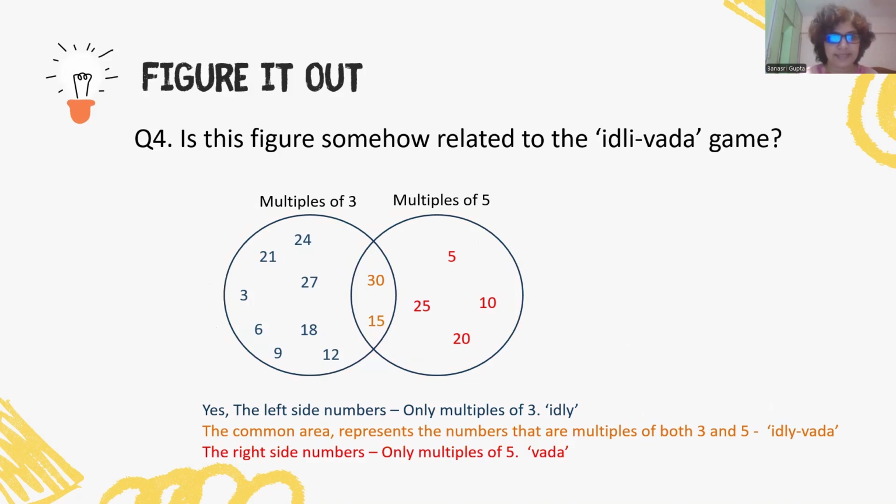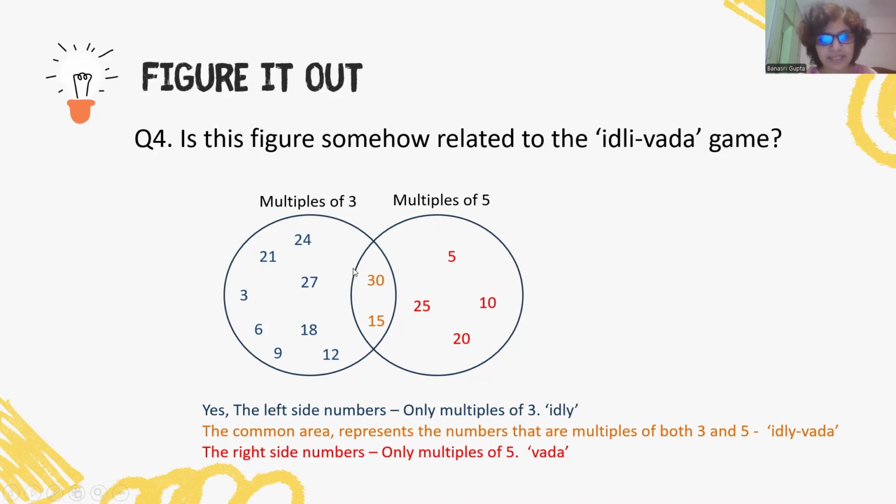So let's see the next problem, the fourth problem. Is this figure somehow related to the idli vada game? This diagram is called a Venn diagram. So the left side numbers are basically the multiples of 3 only. These are the idli numbers, the numbers in blue. Then the right side numbers in red are the vada numbers, that is the multiples of 5.